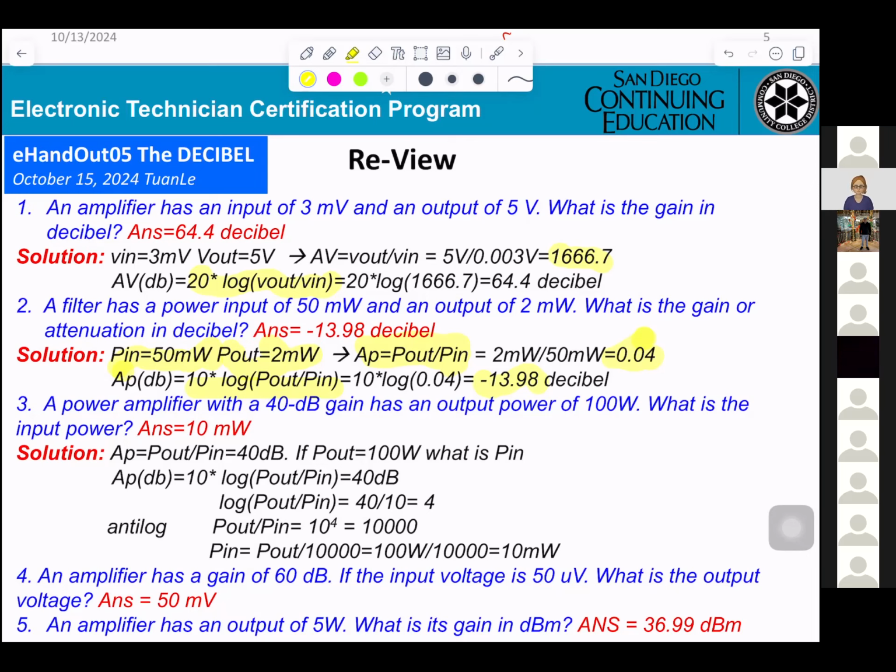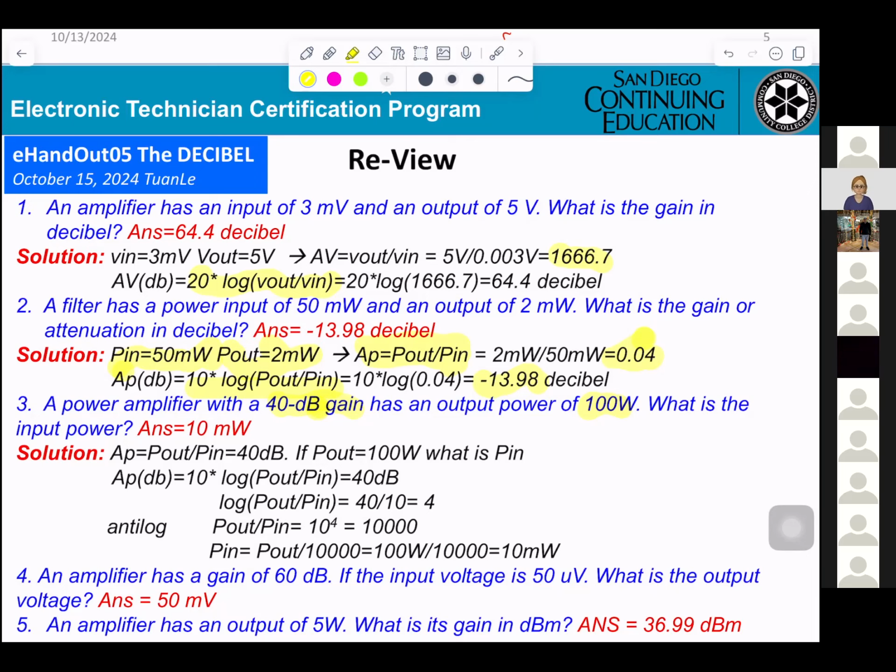And number 3, a power amplifier has 40 dB gain at output power 100 watt. What is the input power? Now see what solution they try to do.